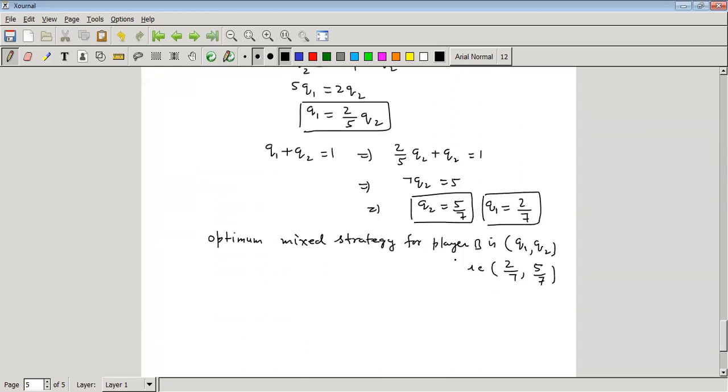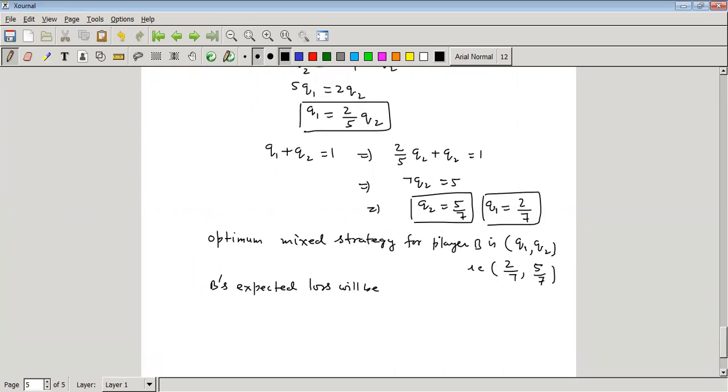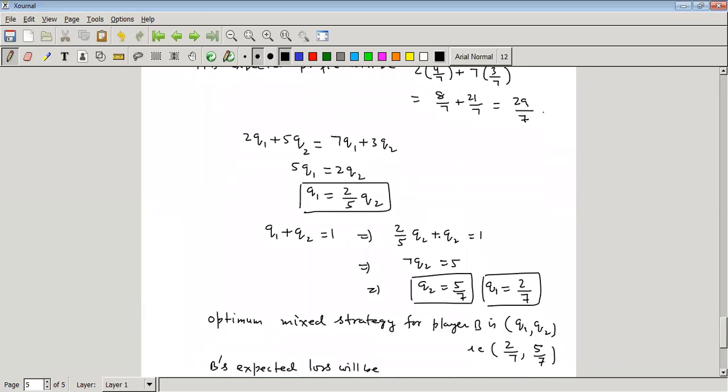And the value of the game, or we can say B's expected loss, will be, we can put in any one of the equations, 2Q1 plus 5Q2.